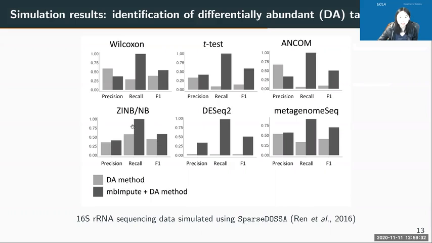And we compare, for each of the widely used DA methods, including Wilcoxon, t-test, ANCOM, zero-inflated negative binomial, DESeq2, metagenomeSeq, the accuracy of their use alone and using mbImpute as a preceding step. So you see that with mbImpute as a preceding step, the accuracy of all those methods are improved.